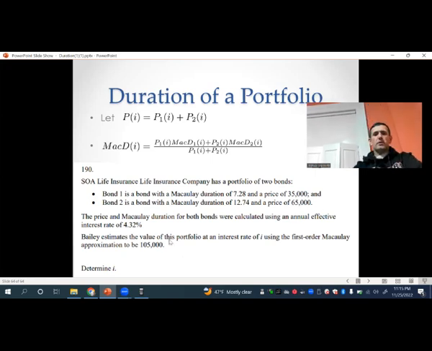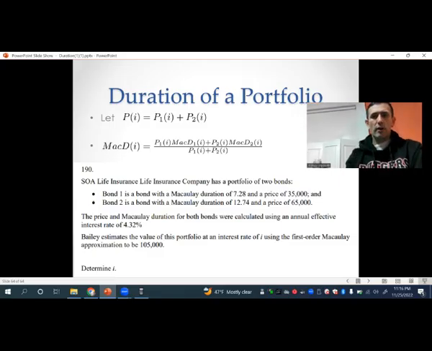The price and duration are calculated using a yield rate of 4.32%. So when they say interest rate, they do mean yield rate. Bond coupon rates are really irrelevant here. We just need an interest rate.